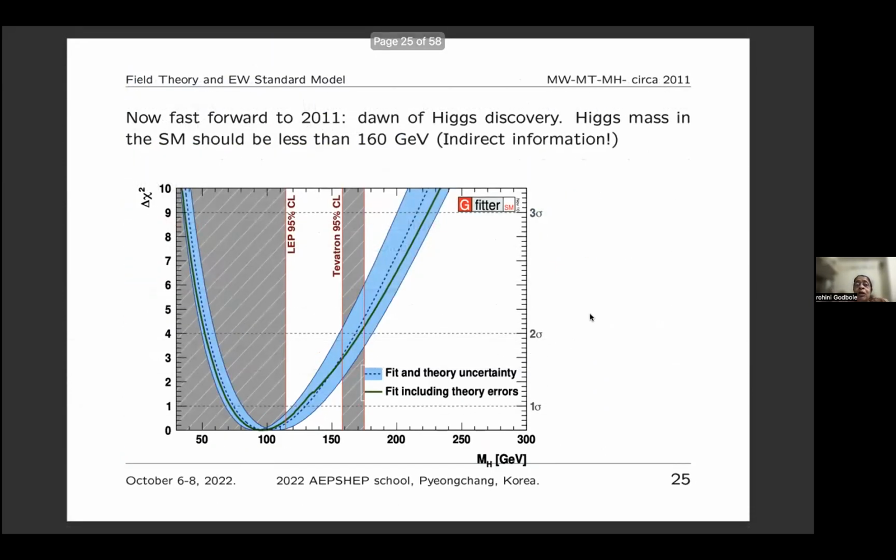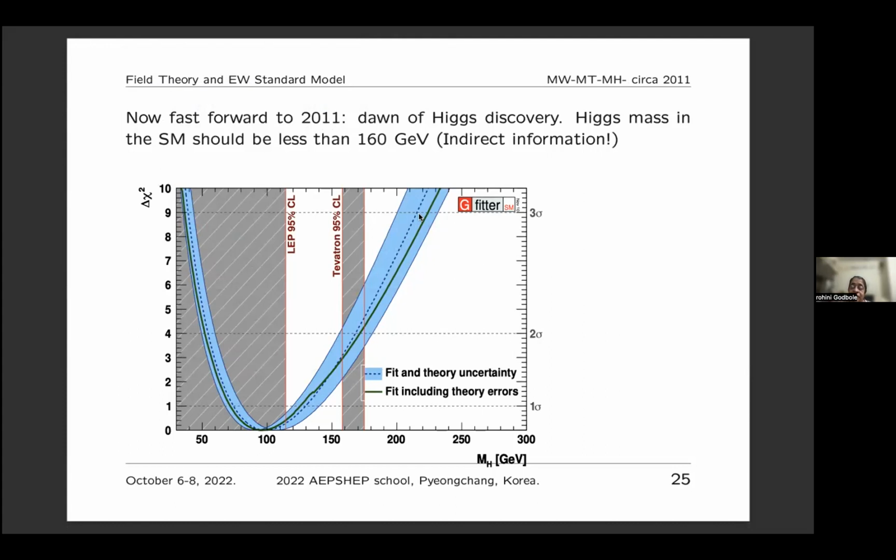And indeed, now I have fast forwarded to 2011, and I'm showing you the plot that I refer to all the time. This is just before the dawn of the Higgs discovery. The blue area is the chi-square that I mentioned, where you make a fit to the standard model predictions and now vary MH.